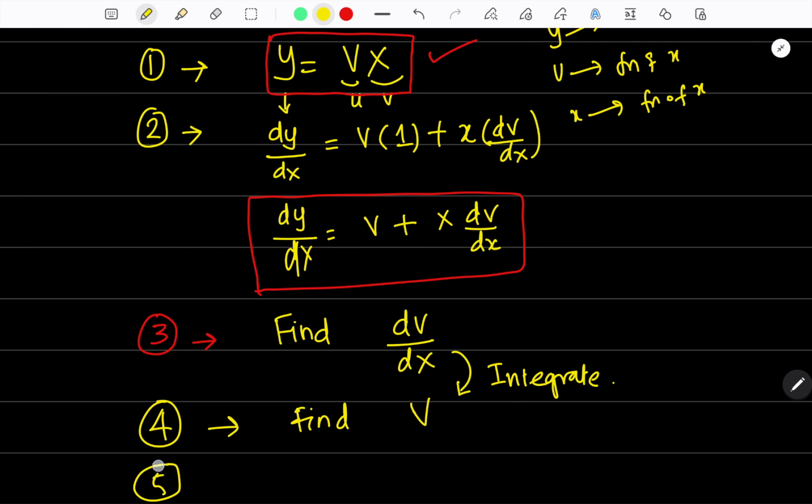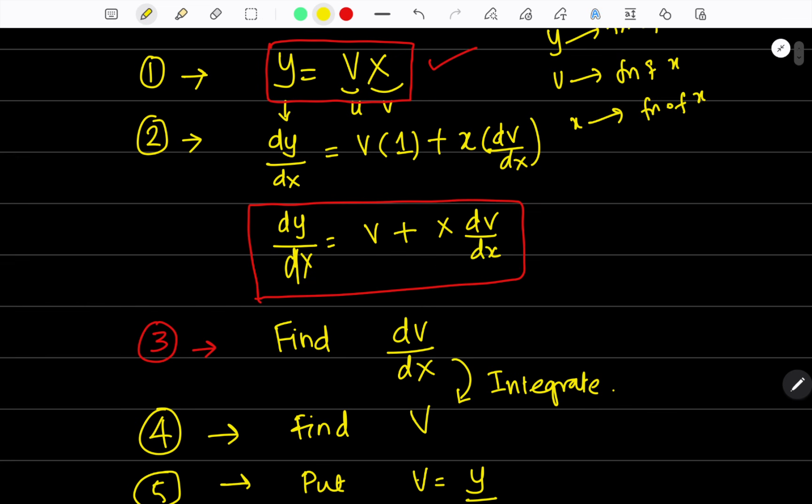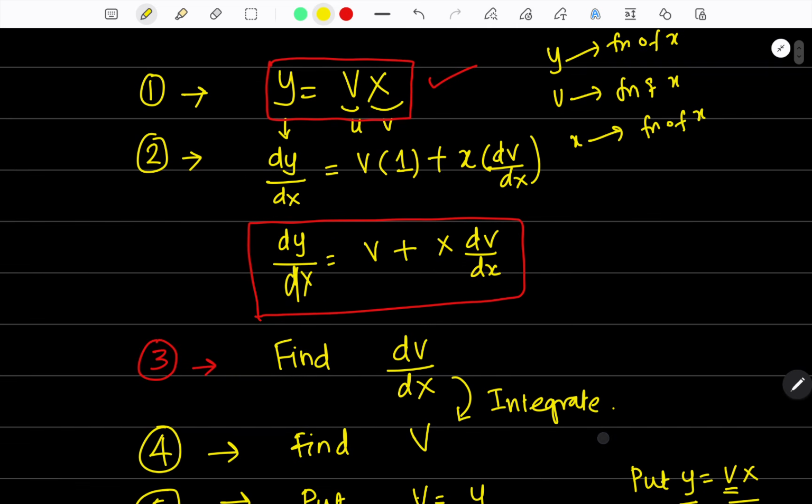Then step number 5: put v is equal to y by x. Where did I get this from? Because my substitution is y is equal to vx. So what's the value of v from this? Let me divide by x. So y by x is equal to v. So these are the 5 steps you are going to follow in the substitution method.